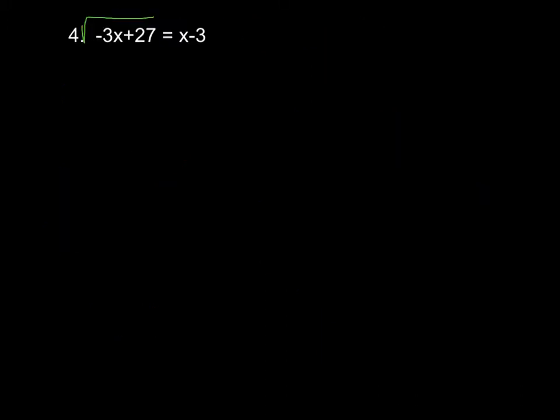So for number 4, what we're trying to do is solve for x. And the first thing that we're going to do is get rid of that square root. So remember, we do the opposite of square rooting, which would be squaring. So on the left side, we're going to cancel out that square root. We're going to get negative 3x plus 27.